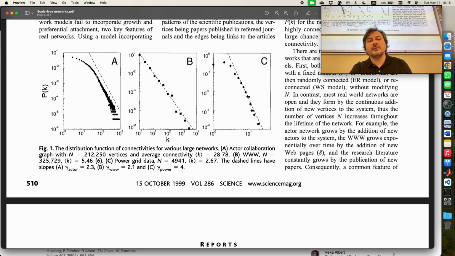We mean that the number of websites that has like 10 to the 3 links are this much probable. Let me give you an example. Number of pages that have 100,000 links pointing to it is maybe 1. Then 10,000 is 10, 1,000 is 100, etc.